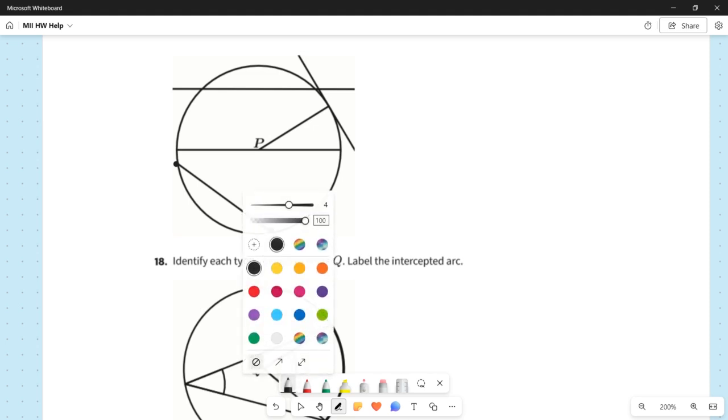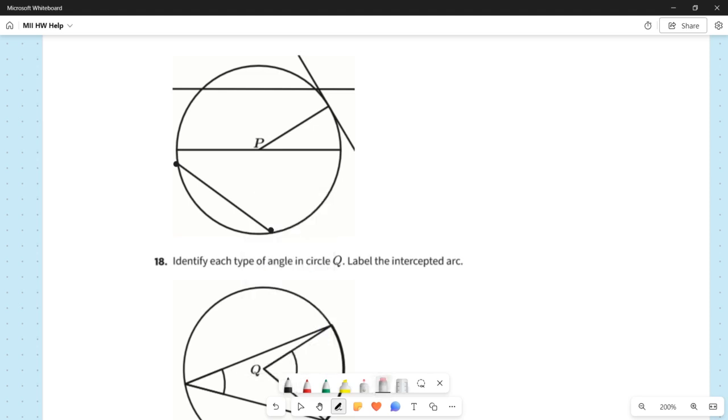All right. So in the bottom left here, we have a line segment that has its endpoints on the circle. That is known as a chord. So any line segment that starts and ends on the circle is known as a chord.